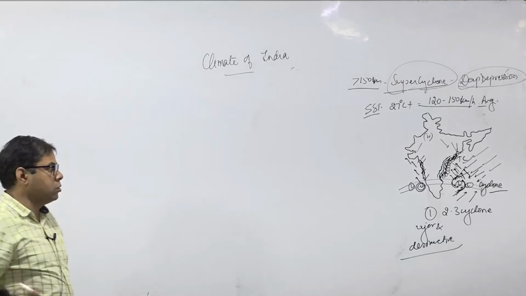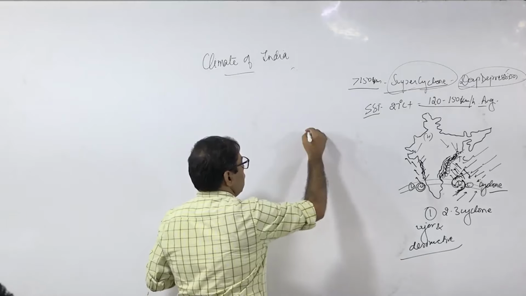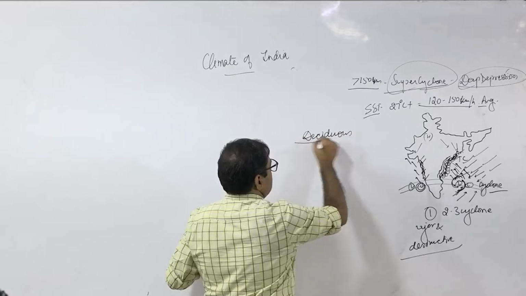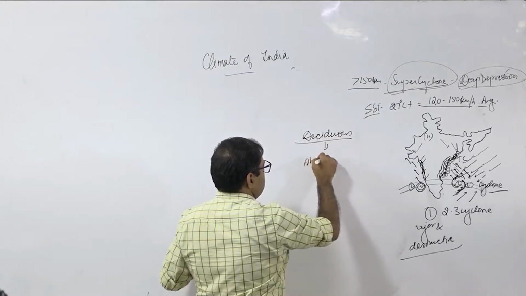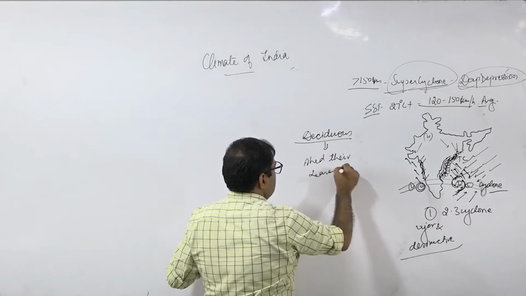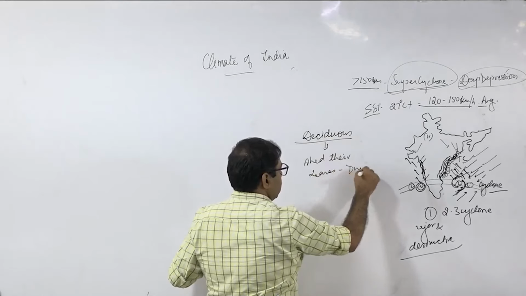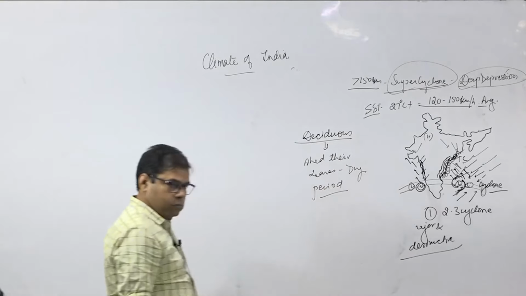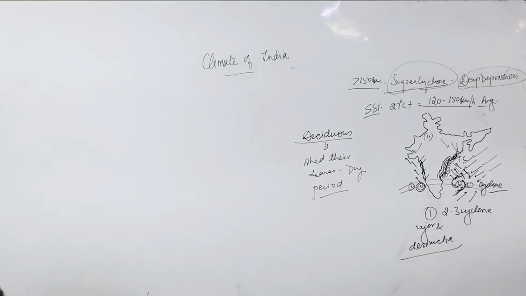Deciduous forests are those which shed their leaves during the dry period.